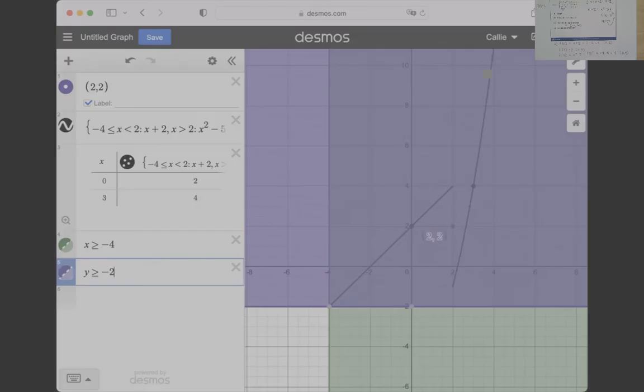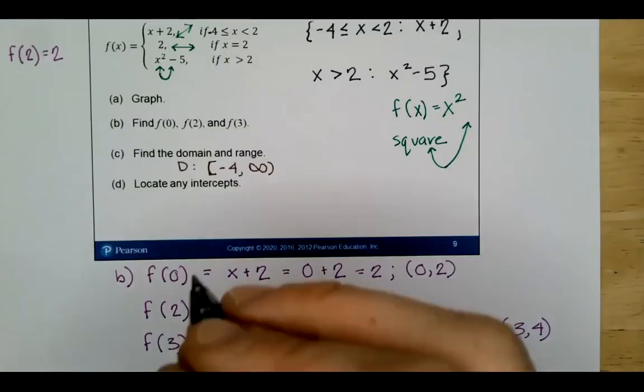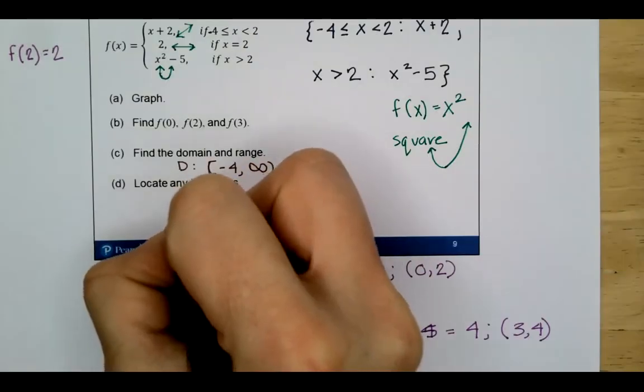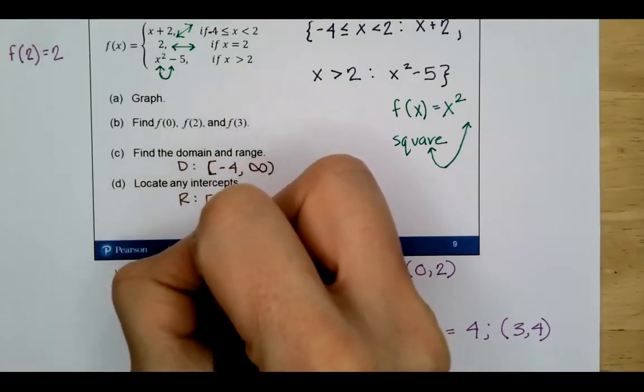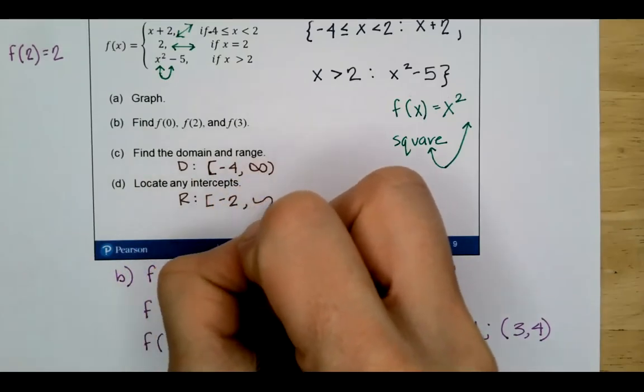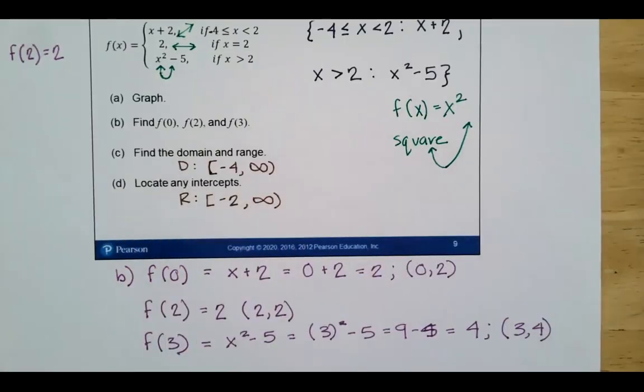How do we write that in interval notation? -2 to infinity. Good.